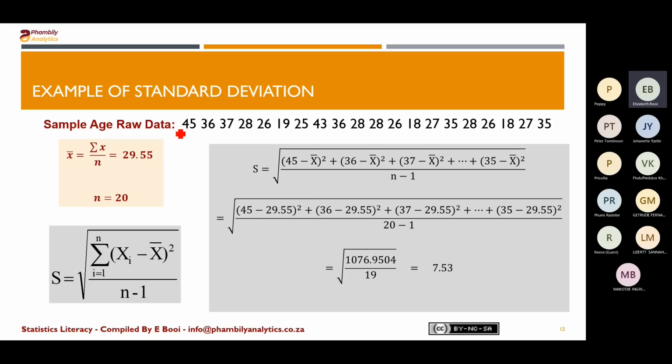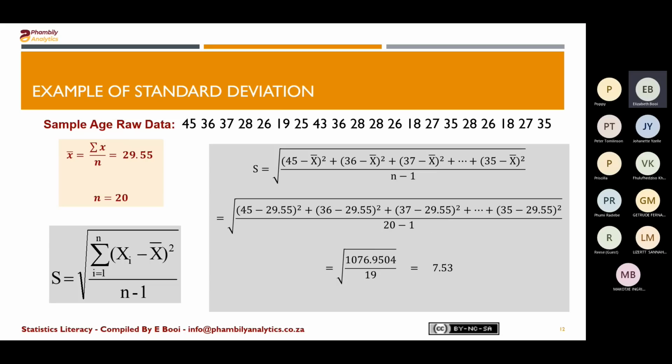So we say 45 minus the sample mean, squared, plus 36 minus the sample mean, squared, plus 37 minus the sample mean, squared, plus 28 minus this, until we get to 35 minus the sample mean, squared, divided by 20 minus 1. And when you sum the top part, you get 1076.9504 and some number. I'm keeping only 4 decimals.